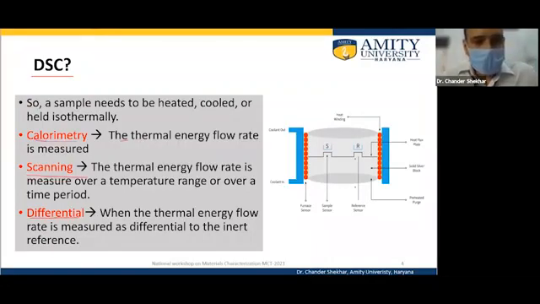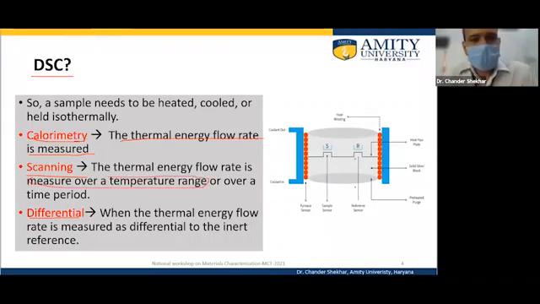When the thermal energy flow rate is measured, this is what is the calorimetry. Calorie, we know, is the unit of energy. So when thermal energy is flowing, the rate of that flow is calorimetry, and we are changing the temperature. So this measurement is over a temperature range.